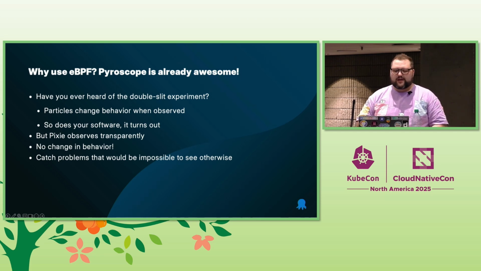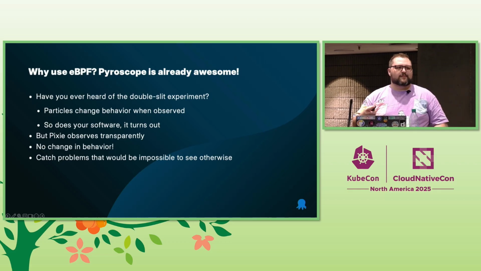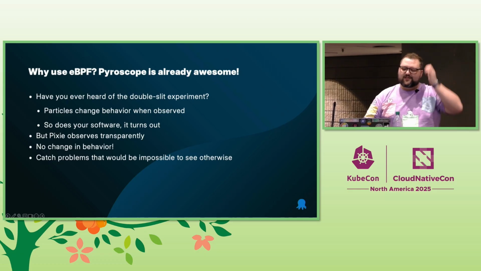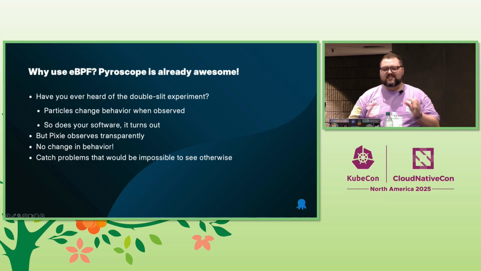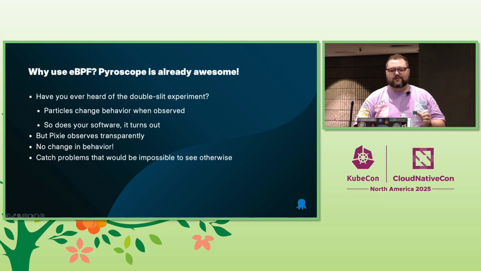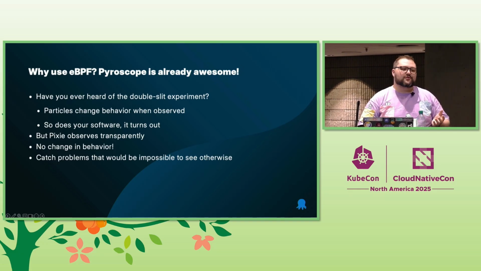Turns out your software is the exact same. When you observe things with Pyroscope, sometimes the pauses that it does, sometimes all of the collection that it does, slows down your application just enough that you don't hit that race condition you were chasing. So this meant that Pixie was really good at finding some very, very particular classes of issues, especially if telemetry was actually causing the problem.